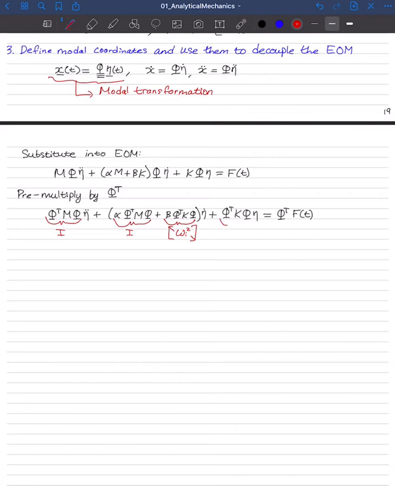And then same thing here, we get a diagonal matrix with terms of omega i squared. And this last term, we're going to call n of t, and it represents the modal forces acting on the system.